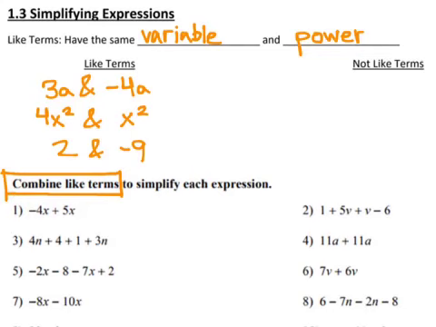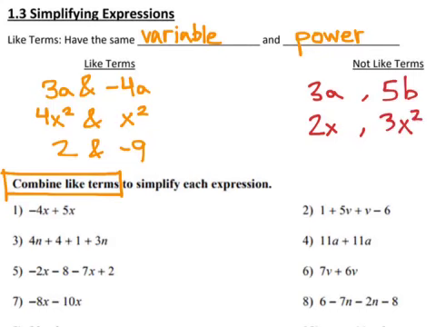Some examples of non-like terms would be 3a and 5b. Those would not be like terms, so we couldn't add them or subtract one from the other. Another example would be 2x and 3x squared.